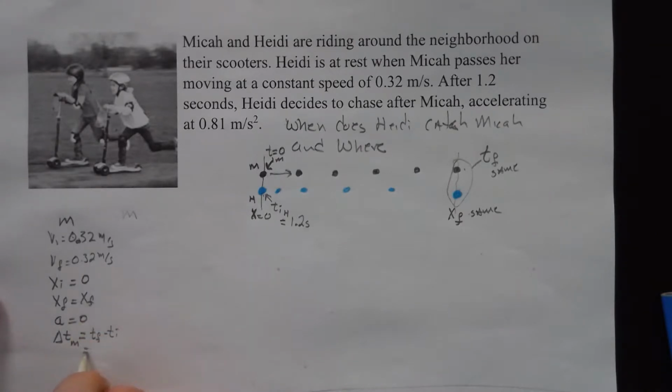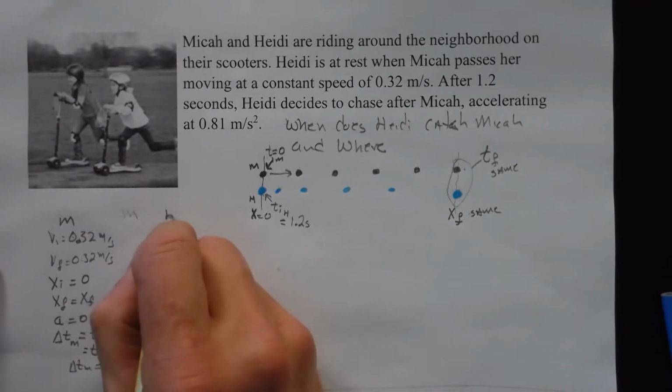Time final is from my diagram, and time initial is 0, so her change in time is just time final. I go through that fast because I know what I'm doing. If this is new to you, you would have to think through this a little more, but the diagram helps me tremendously.